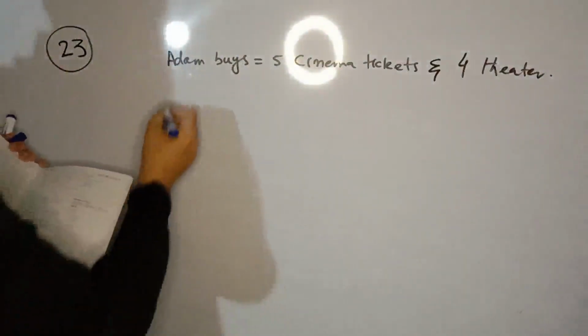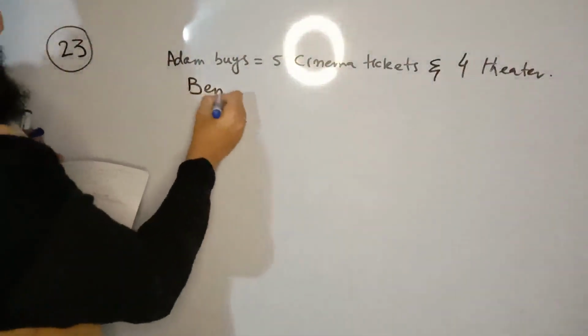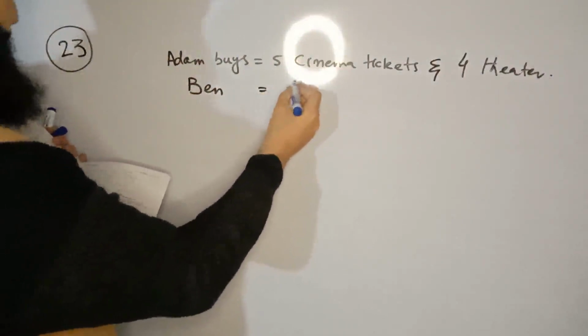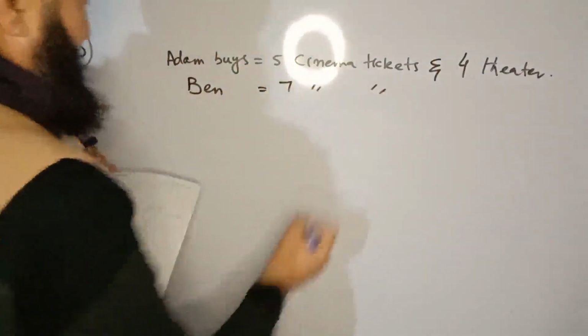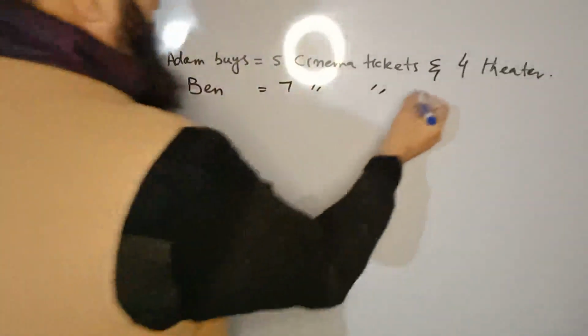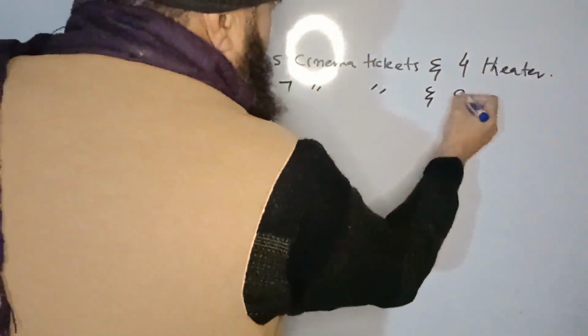Similarly, Ben buys 7 cinema tickets and 9 theatre tickets.